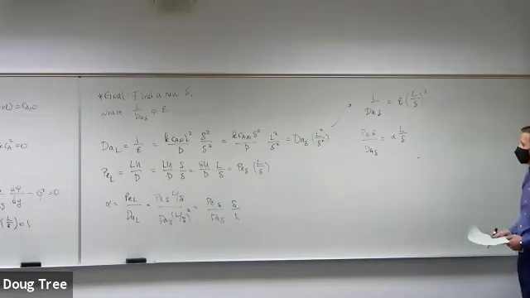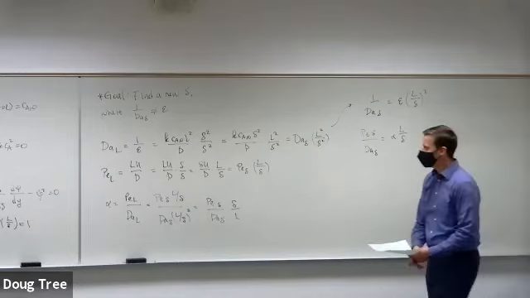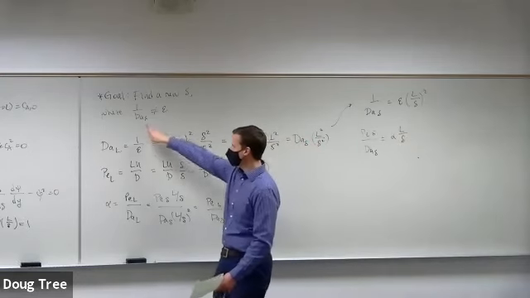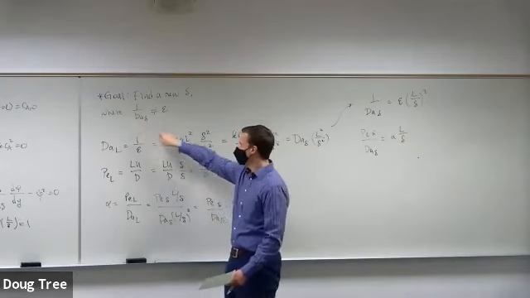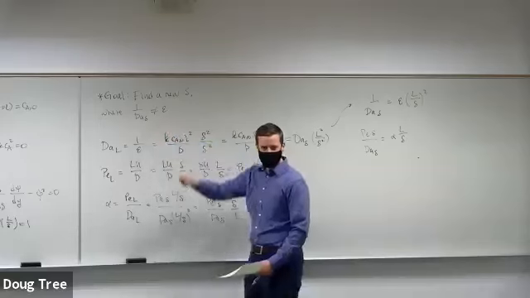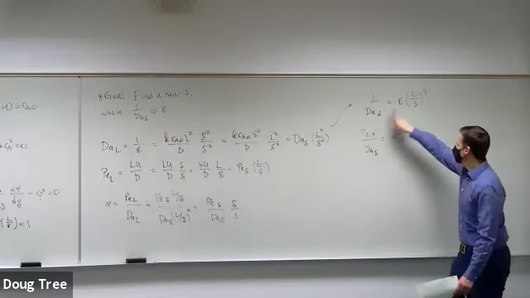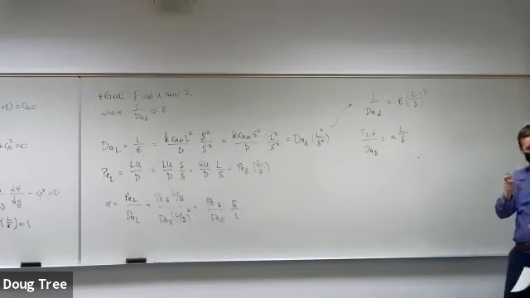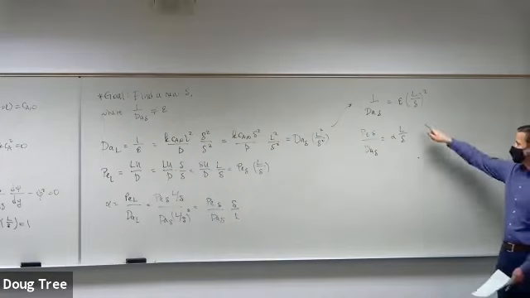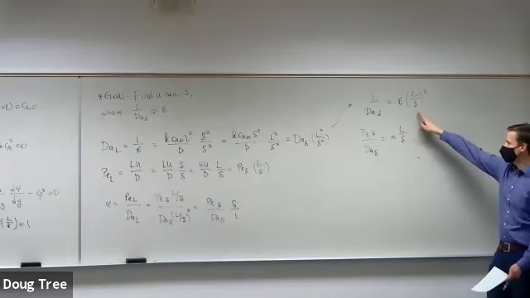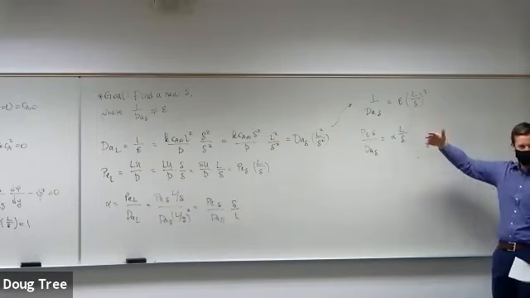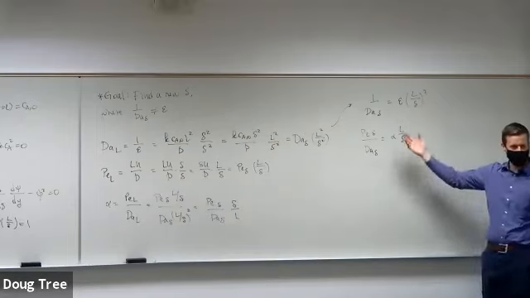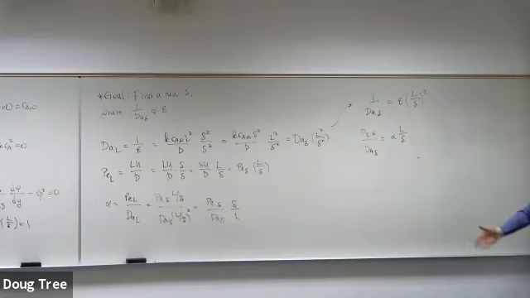Okay, so now what I said my goal was is to pick a scale so that I don't get 1 over Damköhler equal to epsilon. So previously I had picked the scale L. So if I make delta L, this is going to go back to what I had before. That makes sense, right?